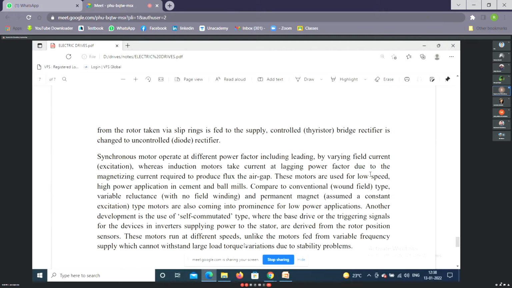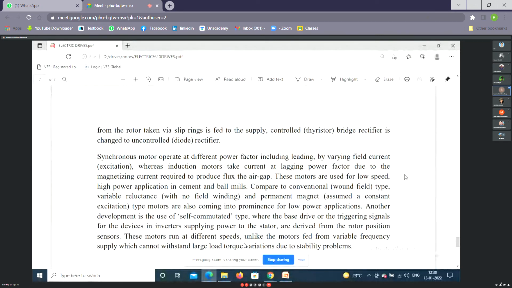So these motors are now actually used in the low speed, high power range. These synchronous motors are much more advantageous, because low speed means a large number of poles.